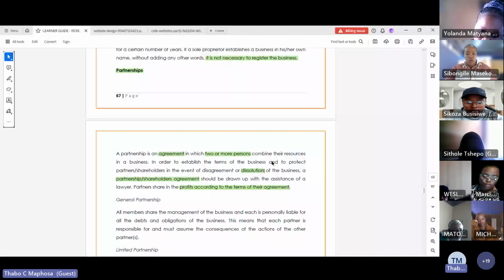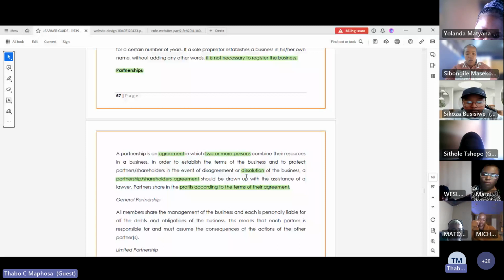What happens if one decides to say, okay, I'm done with this business, or if one of the partners dies, or if one of the partners decides that they want to sell their part of the business? All of that has to be covered in the partnership agreement.